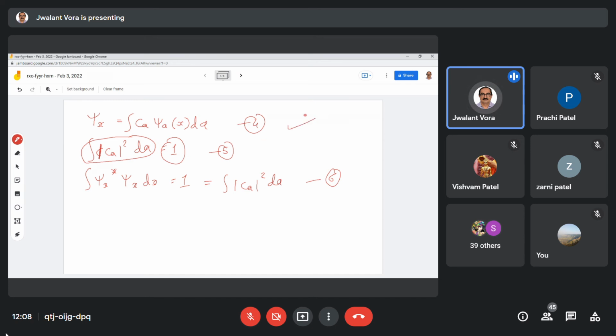Equation 4 can be written as integration psi x star psi x dx. એટલે આ પાર્ટ આવ્યો.